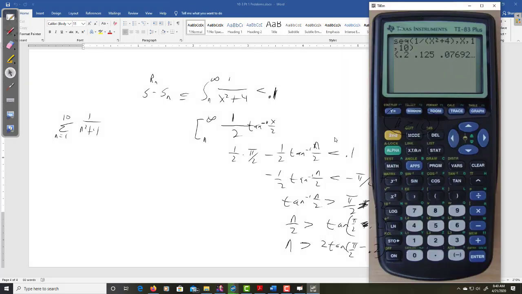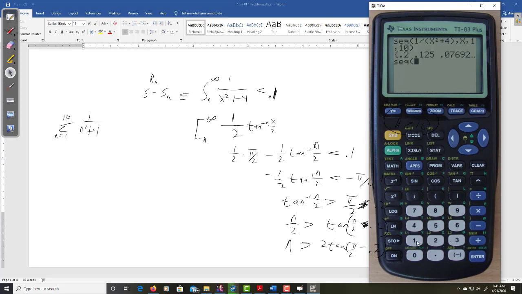You can do this in your calculator, although it's pretty complicated in the TI-83. In the TI-84, I believe it's actually just the bottom function in the math menu. But I'll do it in here. To do it in the TI-83, you have to go into the list, go over to ops, and go down to sequence. So we're going to build this sequence.